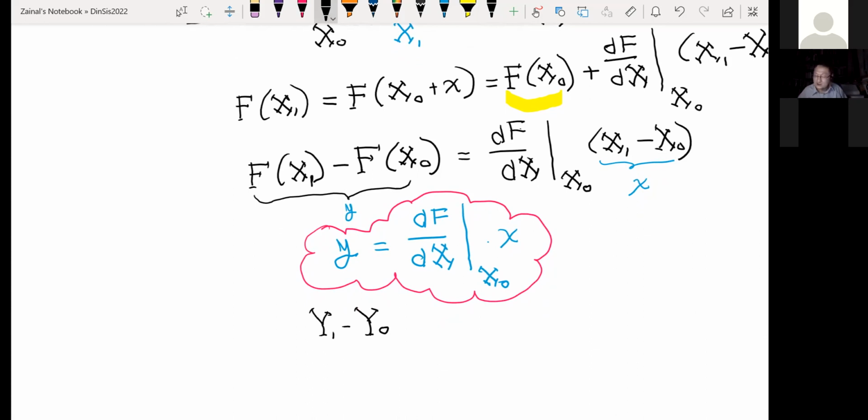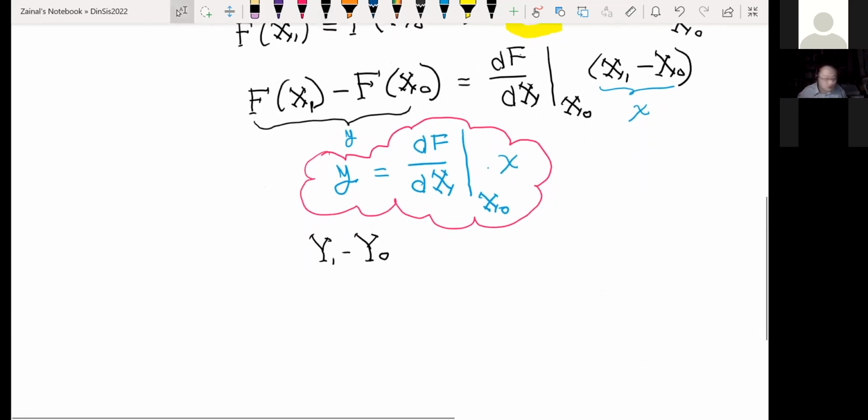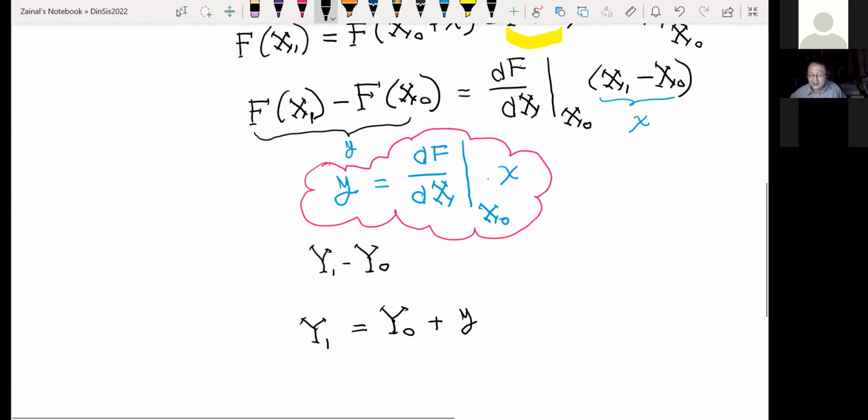So if you want, you can say that y1 is equal to y0 plus small y, where small y is calculated as above.